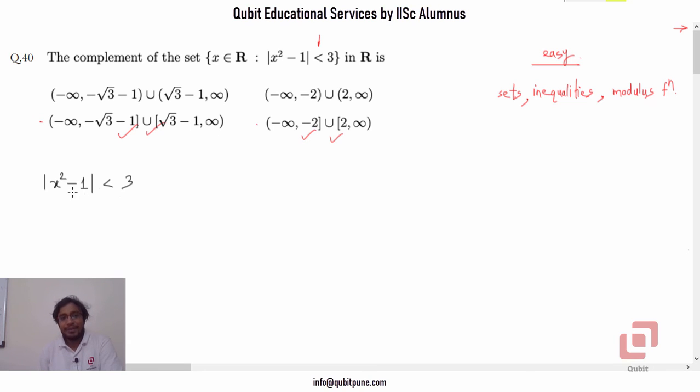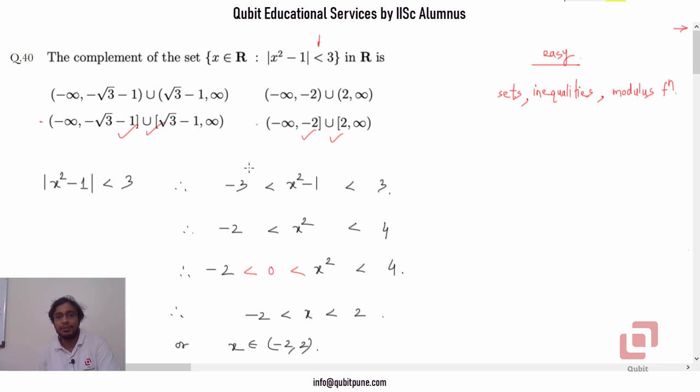Simple. When you have mod of x squared minus 1 less than 3, it basically means that x squared minus 1 will lie between negative 3 and positive 3. Follow the rules of inequality, add 1 to both the sides, negative 3 becomes negative 2, 3 becomes 4. Now there is no point in talking about values of x squared which are less than 0 because they want x to be real, right?